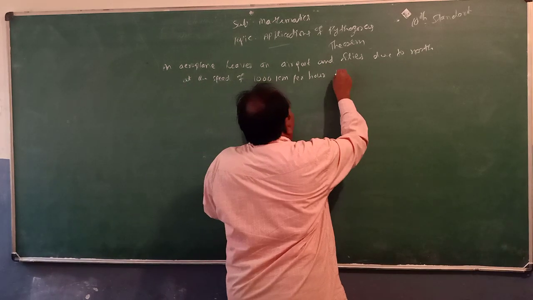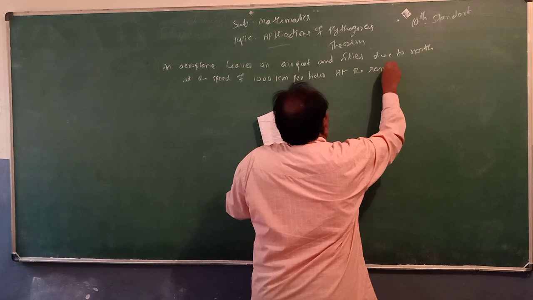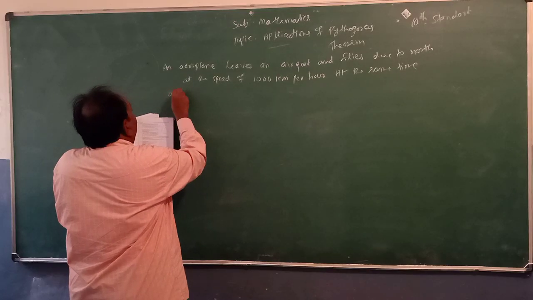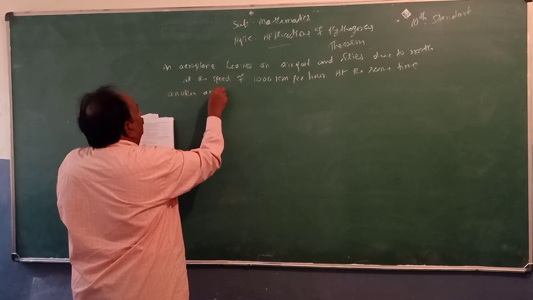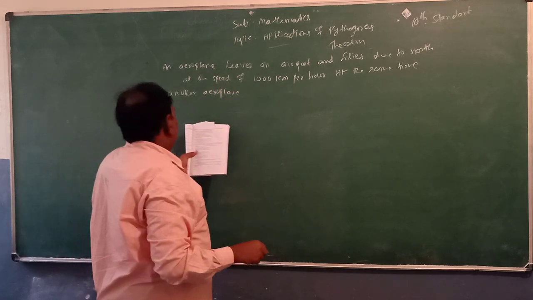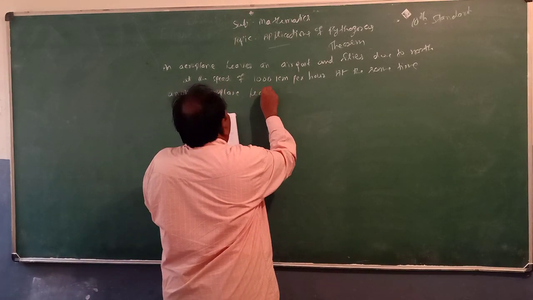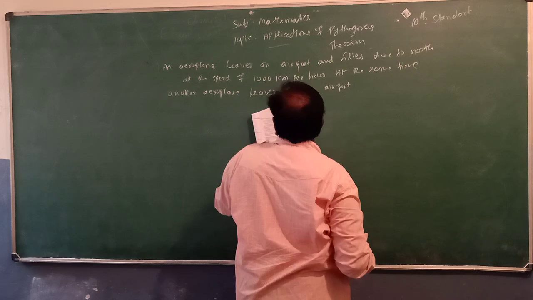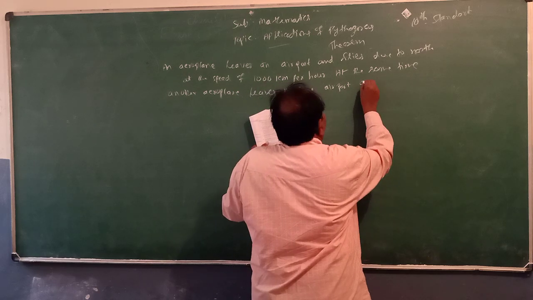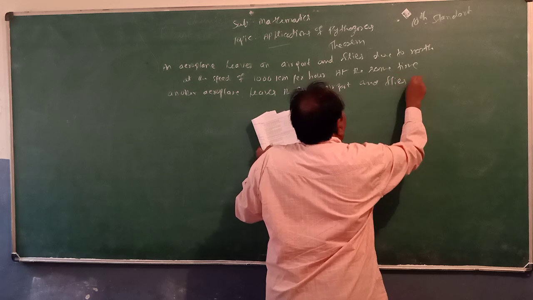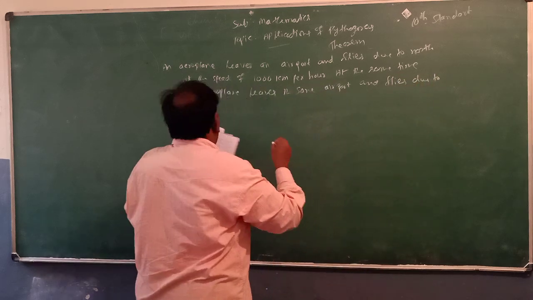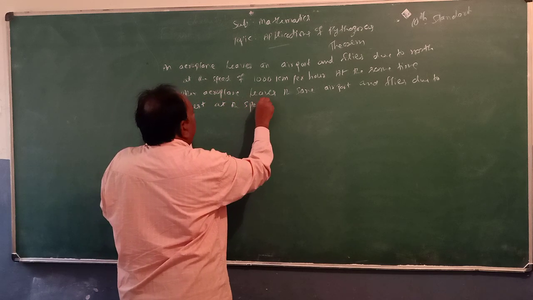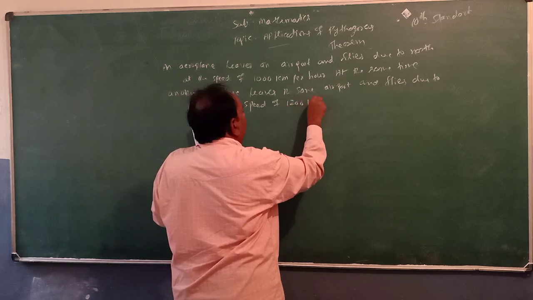At the same time, another aeroplane leaves the same airport and flies due west at the speed of 1200 kilometer per hour.